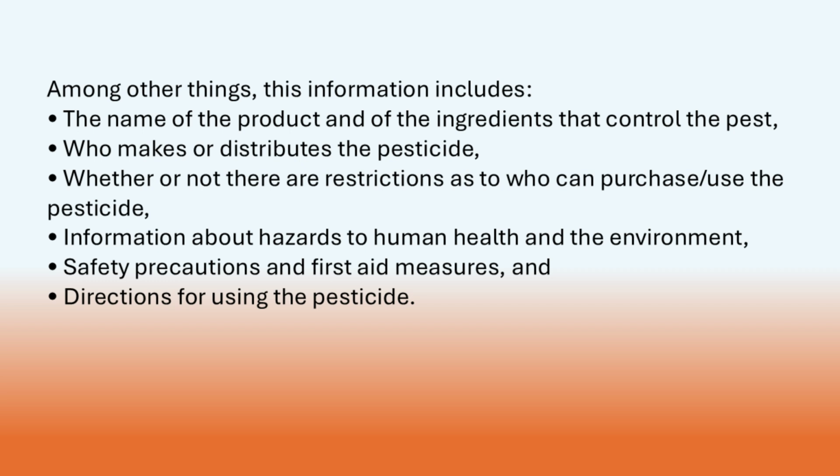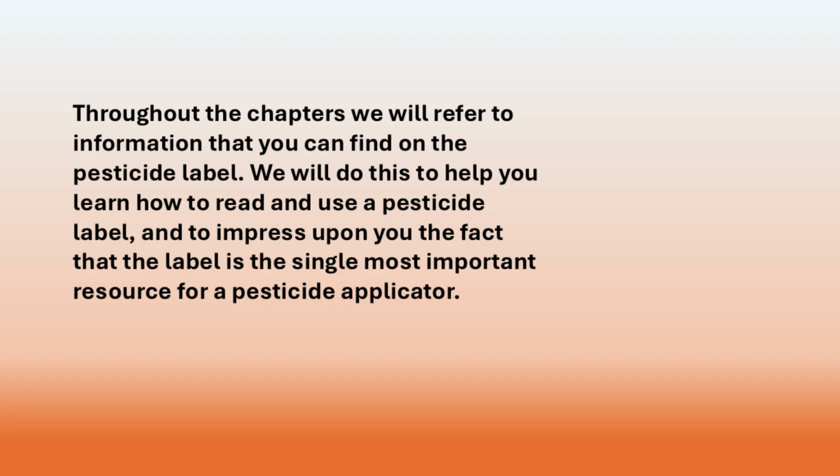Among other things, this information includes the name of the product and of the ingredients that control the pest, who makes or distributes the pesticide, whether or not there are restrictions as to who can purchase or use the pesticide, information about hazards to human health and the environment, safety precautions and first aid measures, and directions for using the pesticide.